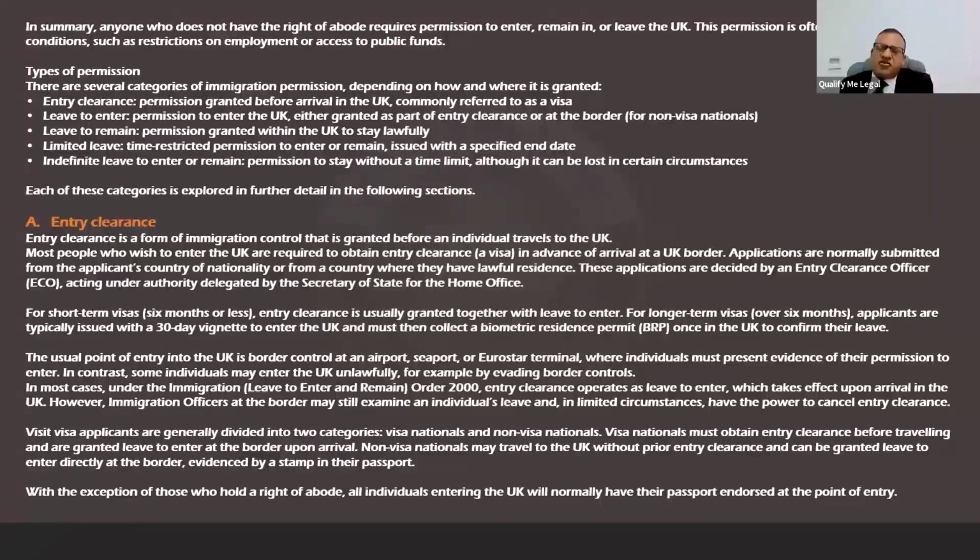They don't need any. In the very same way, all people need a visa, but those people who have right of abode don't need any permission. Obviously, right of abode holders are British nationals, or right of abode can be stamped on any foreign passport.